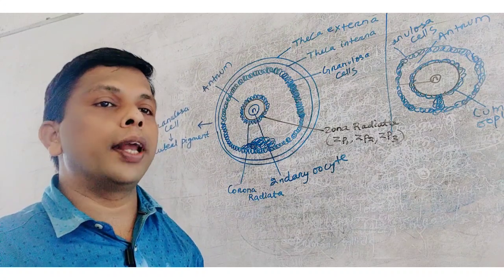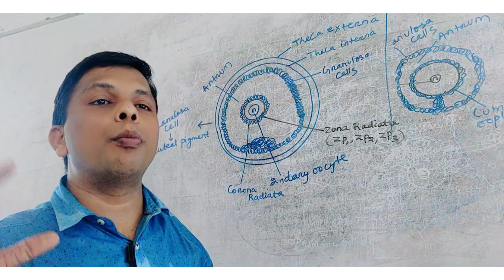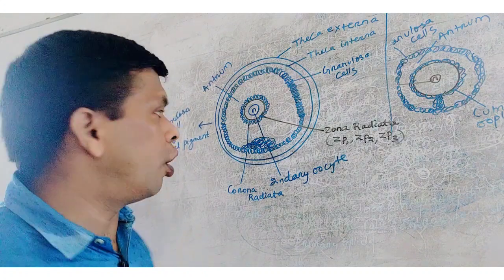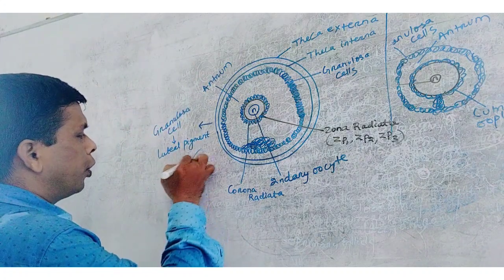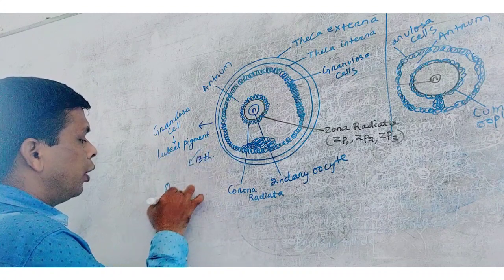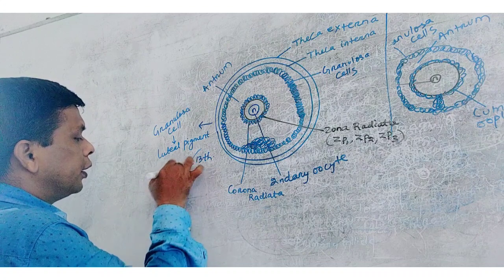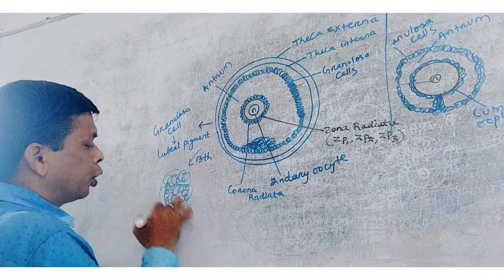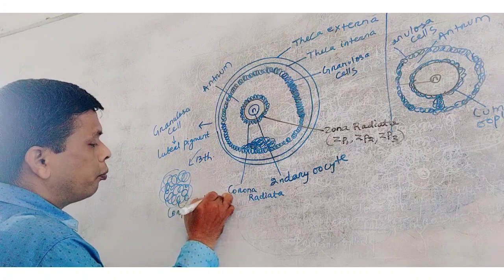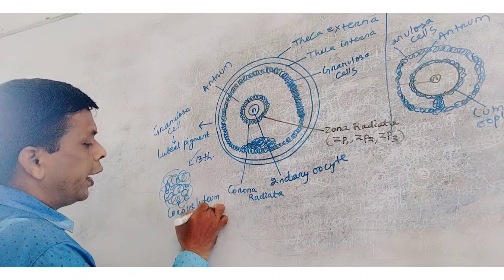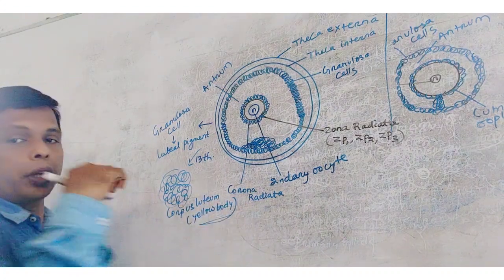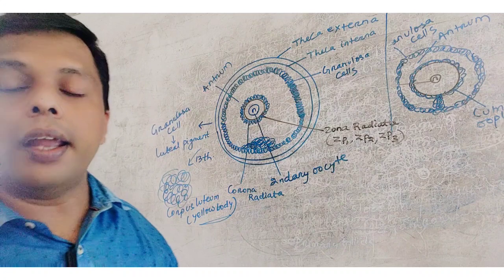So the Graafian follicle is converted into a ruptured mass called the corpus luteum, after the 13th day and after ovulation on day 14. This is otherwise called the yellow body, because the luteal pigments are yellow in color.